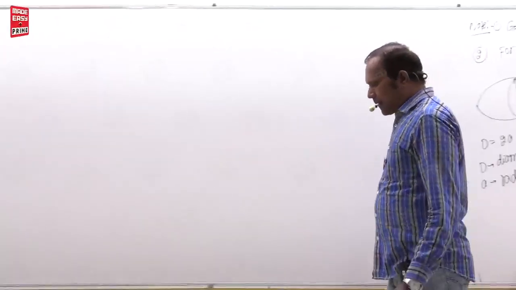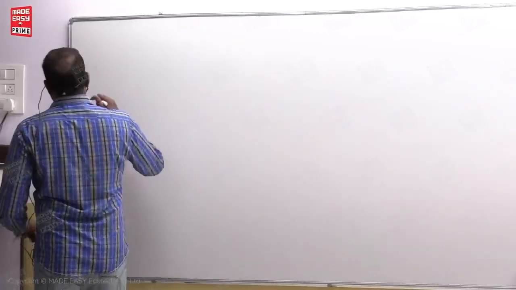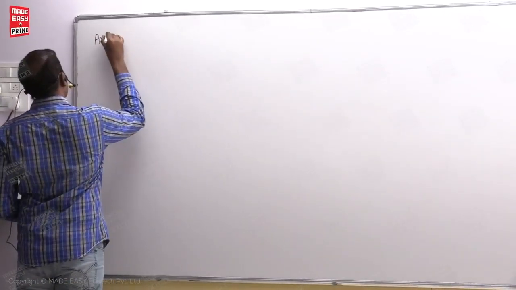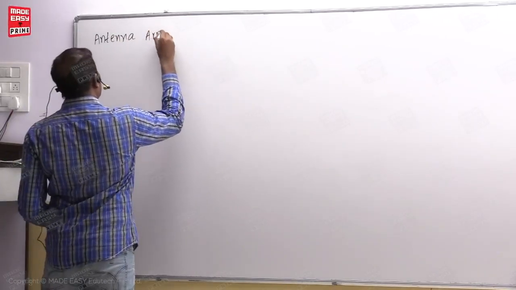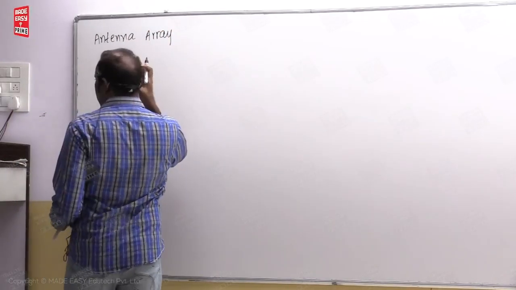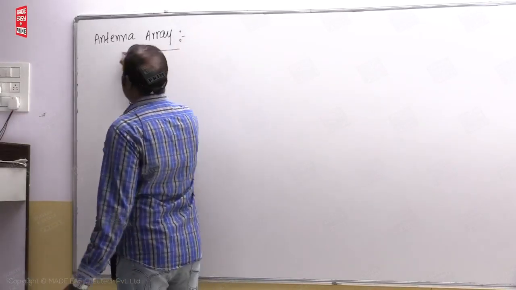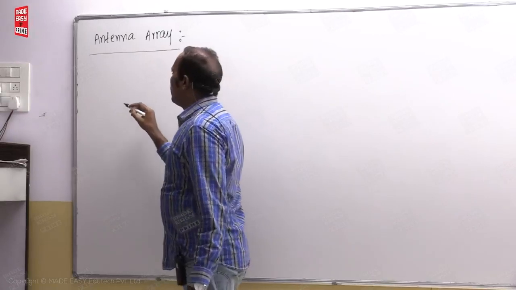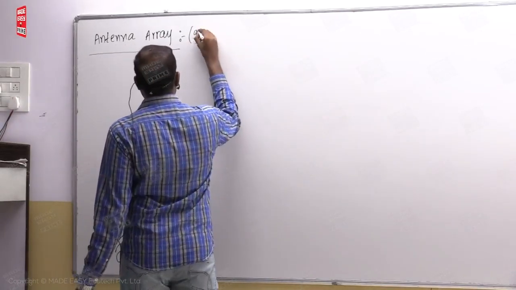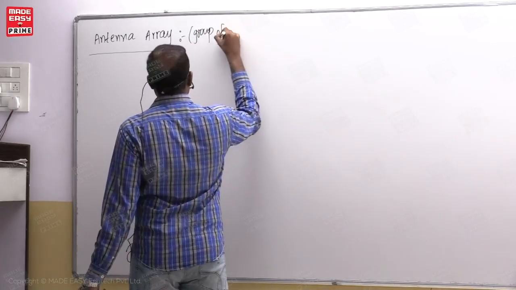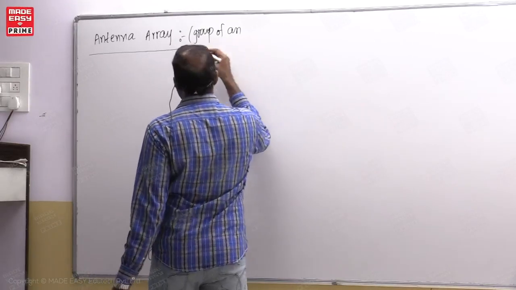Now let us talk of antenna array. Array means a group, so antenna array means a group of antennas.